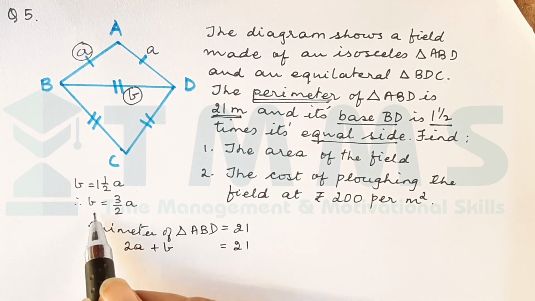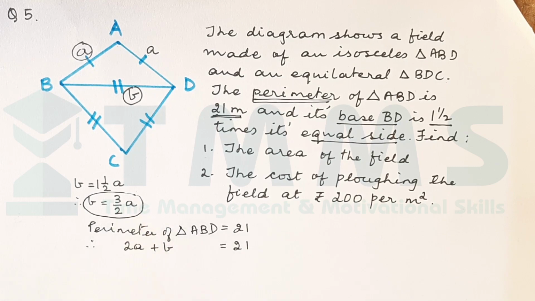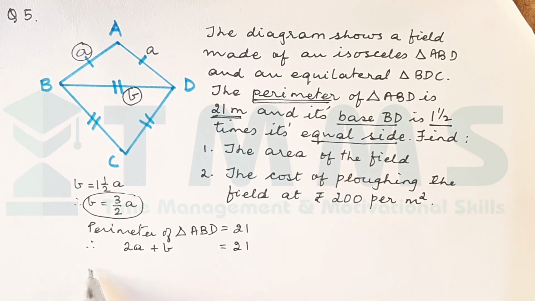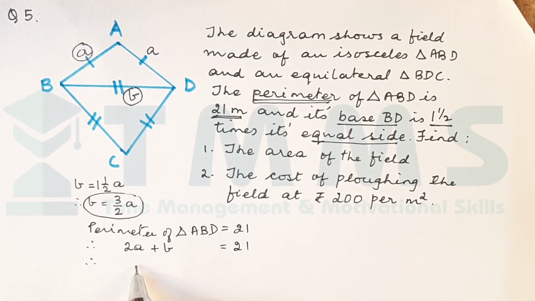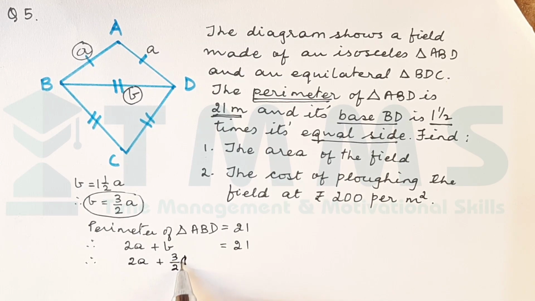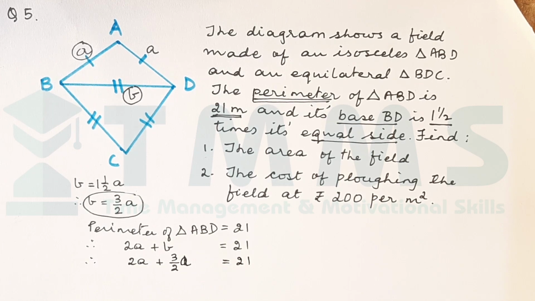But we have been told that B is 3/2 times A. Can you see this part? So we write just that. So we will write here 2A plus 3/2 times A, and that is equal to 21. Are we understanding this? Okay.